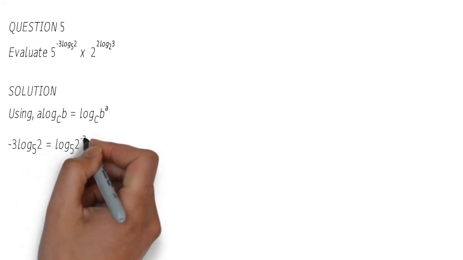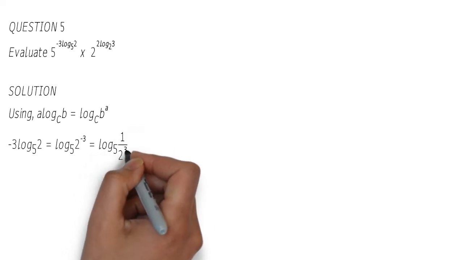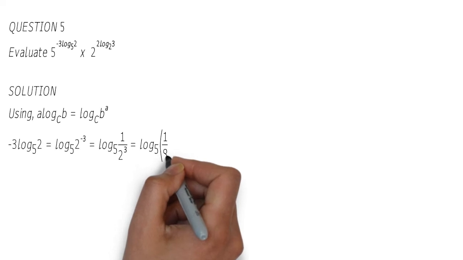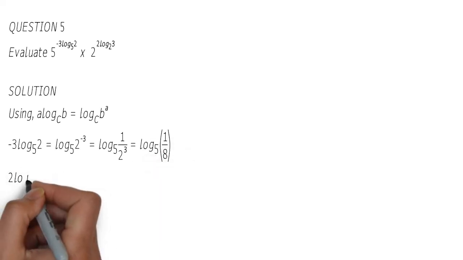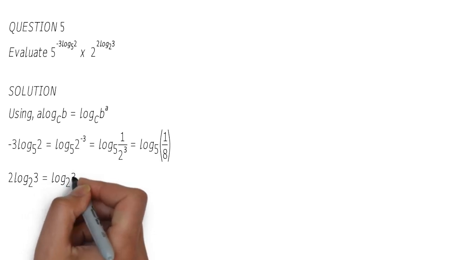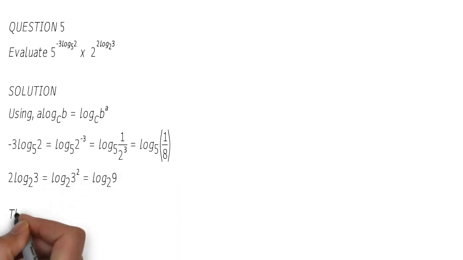So minus 3 log 2 to base 5 will be log 2 raised by minus 3 to base 5, which is log 1 over 2 raised by 3 to base 5. And that will give us log 1 over 8 to base 5. In the same vein, 2 log 3 to base 2 will be log 3 squared to base 2, and that is log 9 to base 2.